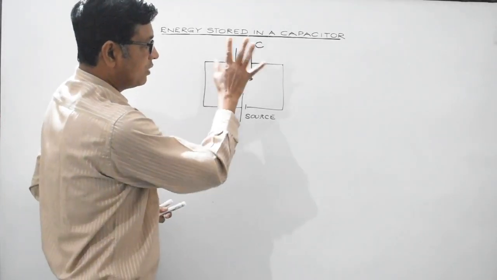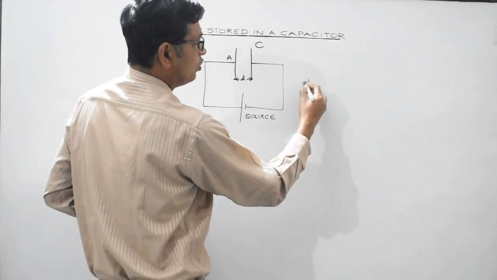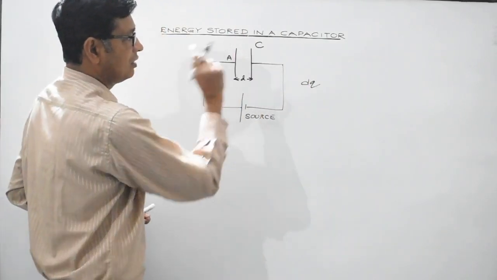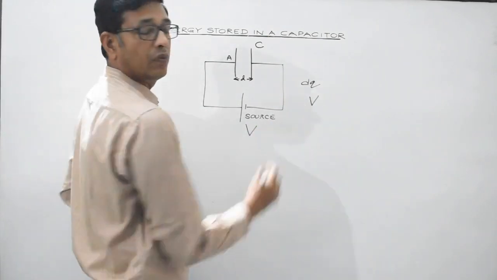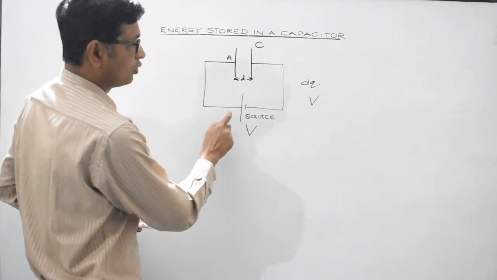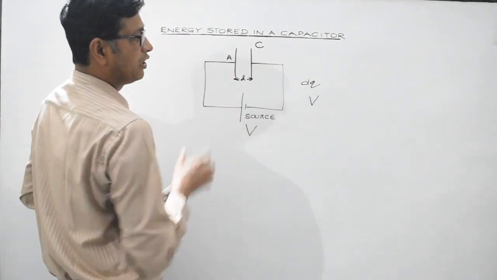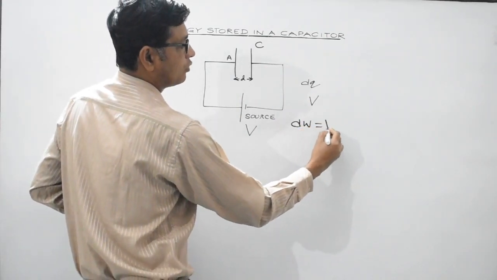When the charge is sent by the source, its potential gets raised. Suppose dq is the charge sent by the source at constant potential V. Then the small amount of work done by this source in sending charge dq is given by dW equals V dq.